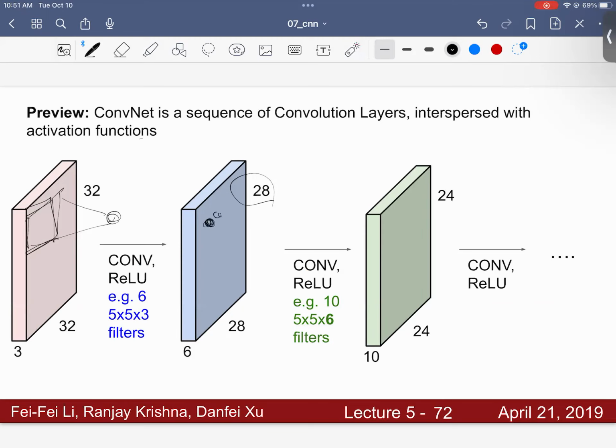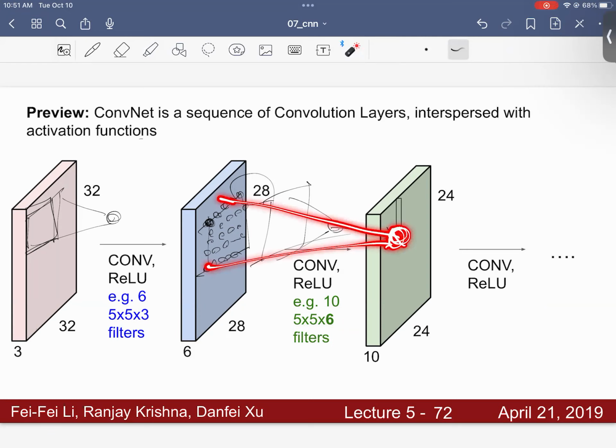And then you collect another 5 values like that, 1, 2, 3, 4, 5. And then there will be another 5 by 5 filter, which will convert it into a scalar value here. So that means that this single value will be looking at this patch, where each single value will be looking at this patch.